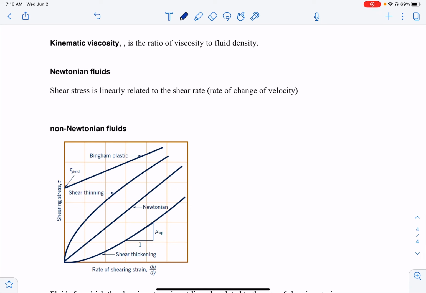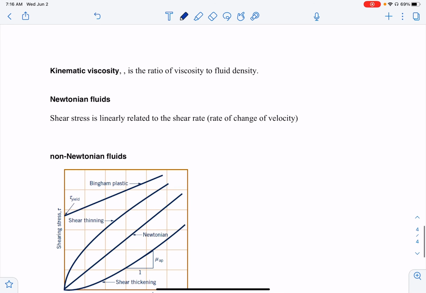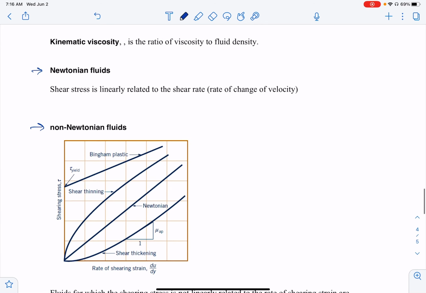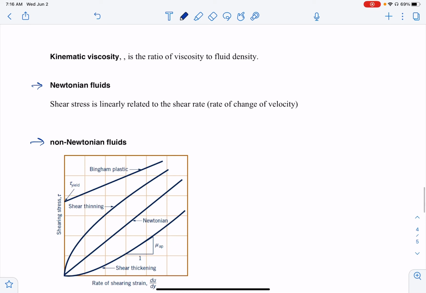So let's talk about the fluids. We have another subdivision for fluid. We have two kinds of fluid: Newtonian fluids or non-Newtonian fluids. When we say that a fluid is a Newtonian fluid, it means that the shear stress is linearly related to the shear rate, I mean the rate of change of velocity, which is du over dy, right?